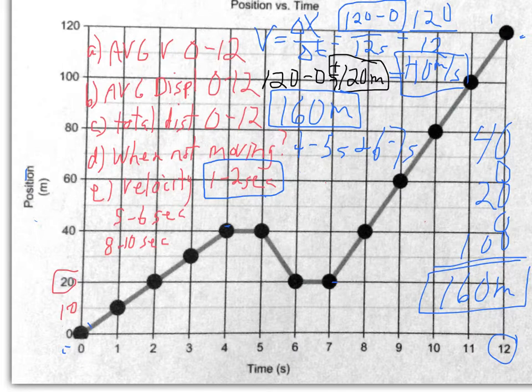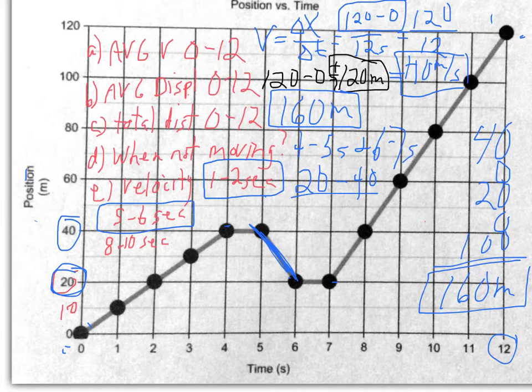From 5 to 6 seconds, well, look closely. From 5 to 6 seconds, where's our initial position? Our initial position is 40. Where's our final position? Our final position is 20. So to get our displacement, isn't it going to be 20 minus 40?